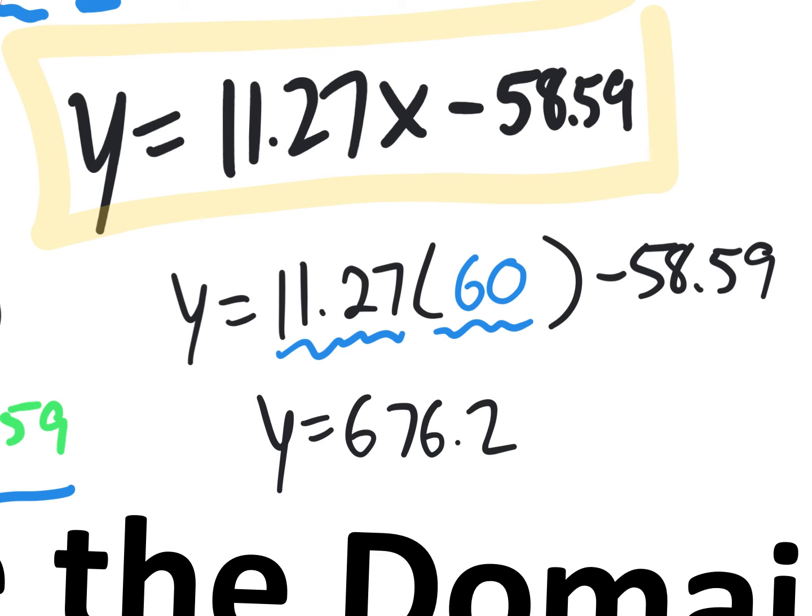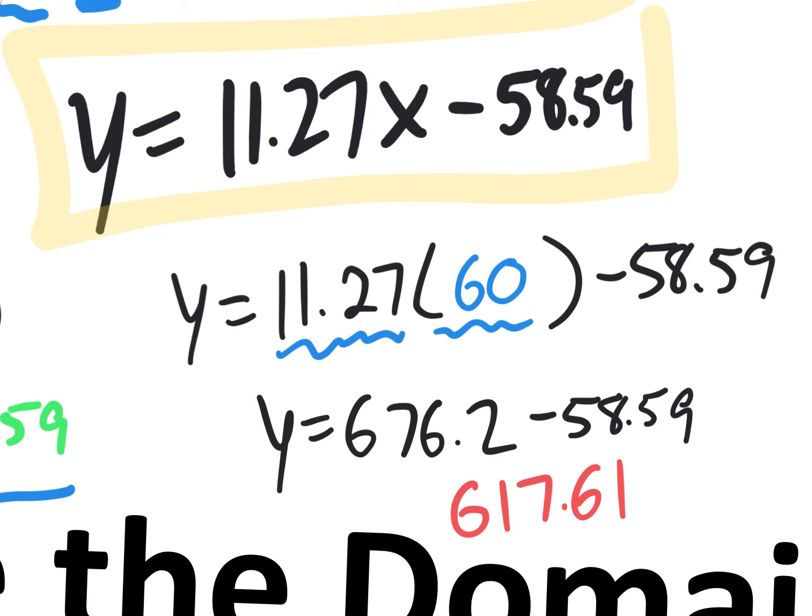All right, cool. And how about take away 58.59 on the calculator? 617.61. Yeah? Cool. So this would be the other part of your answer. The input 60 gave us the output 617.61 using our prediction equation.